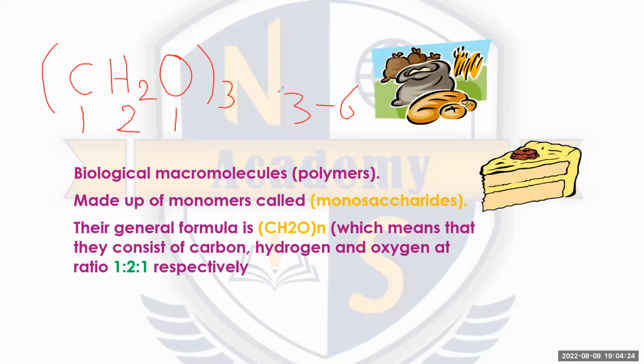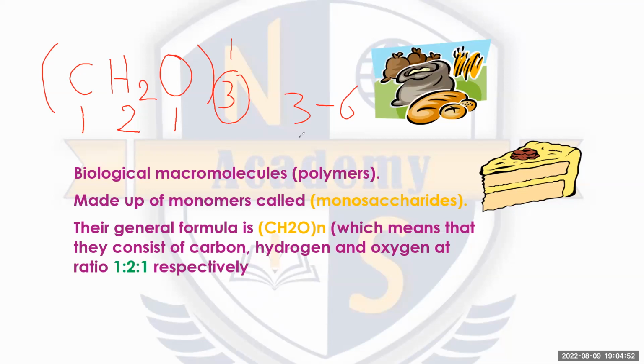When we replace n by 3, can you give me the formula of this monosaccharide? When n is 1, the formula is CH2O, right?